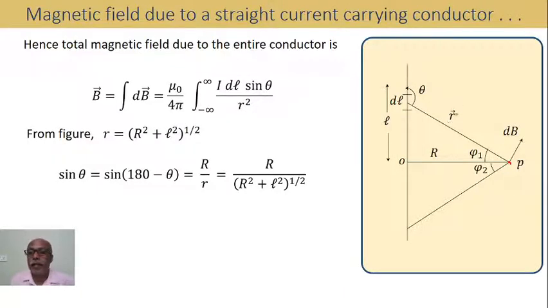From the figure, by making use of Pythagoras theorem, r square is equal to capital R square plus L square.